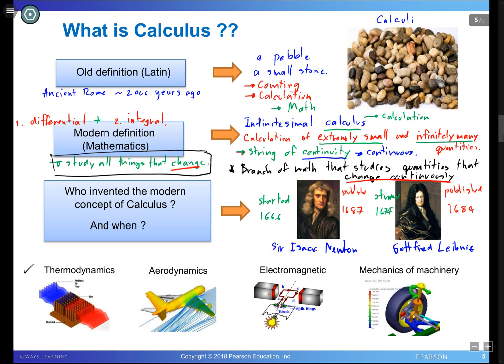What about aerodynamics? Does anything change in this picture? Well, first of all, the position of the plane changes in space, right? The plane moves, and that causes a relative speed between the plane and the air mass. The speed of the air mass can be considered as wind speed, and when the wind passes over the surface of the wings, it causes pressure on the surface of the wings.